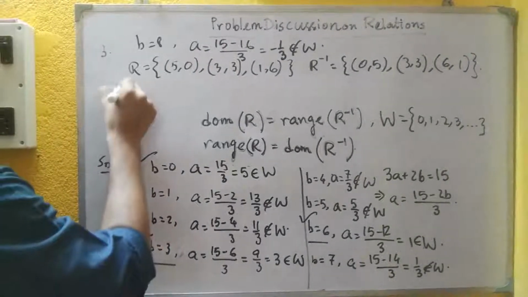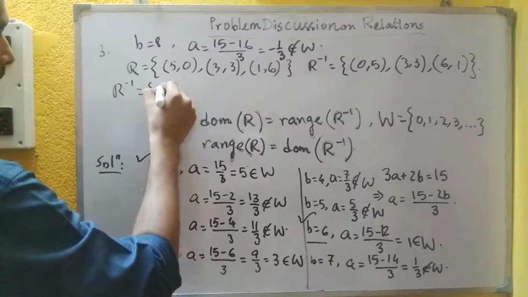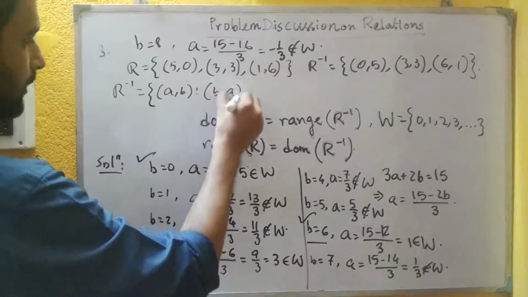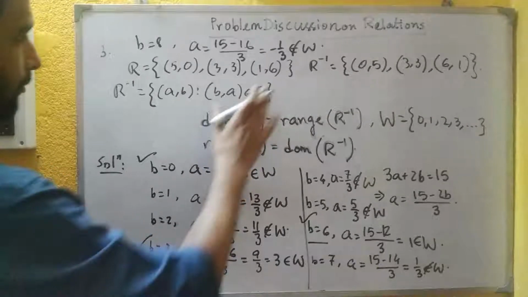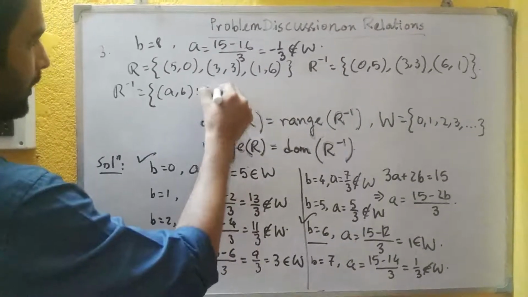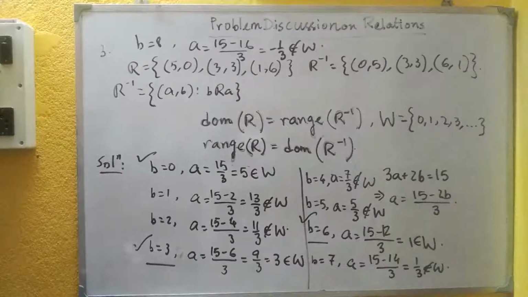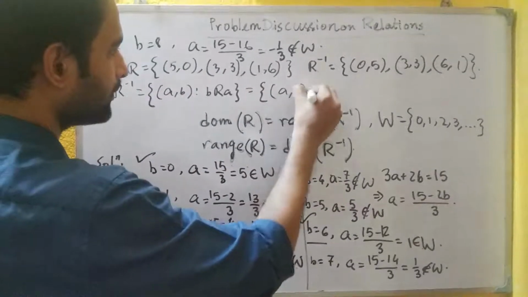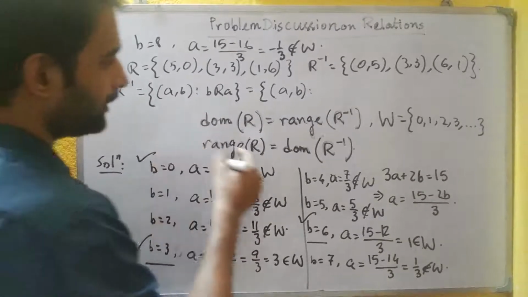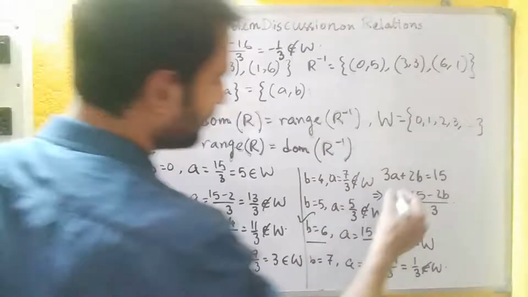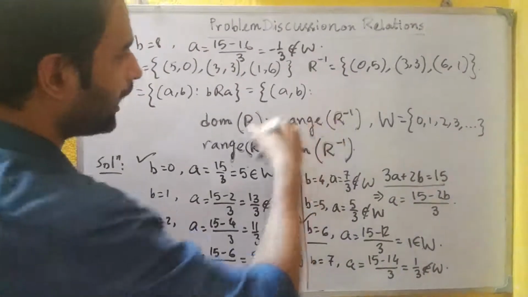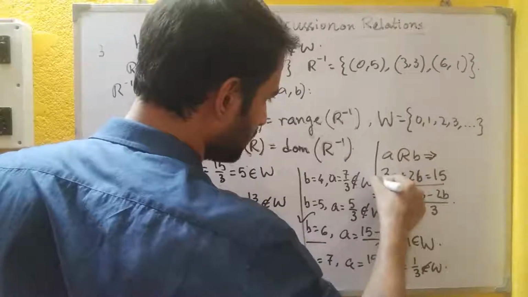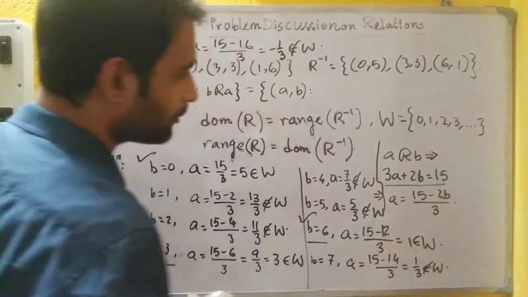For that, we know that R inverse is the collection of all ordered pairs (A, B) for which (B, A) is in R, or we can say B R A. So we can write it as the ordered pairs (A, B) such that if A R B, it means 3A plus 2B equals 15, and A R B means 3A plus 2B is equal to 15.